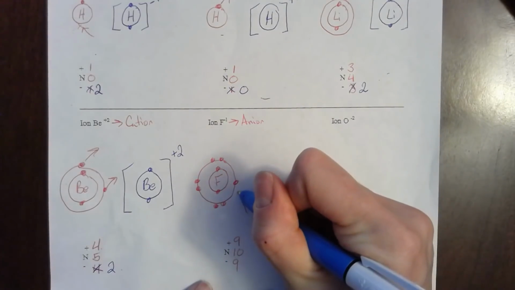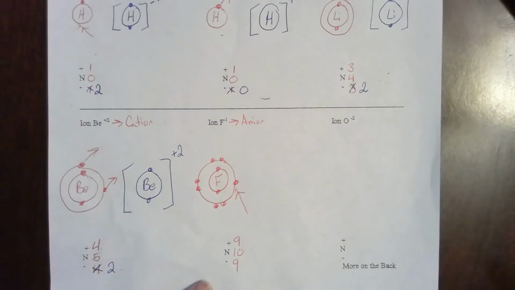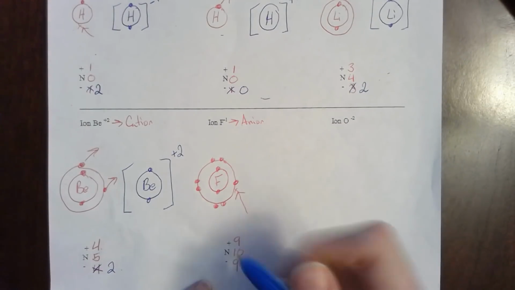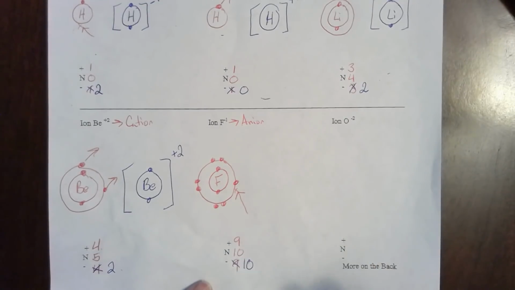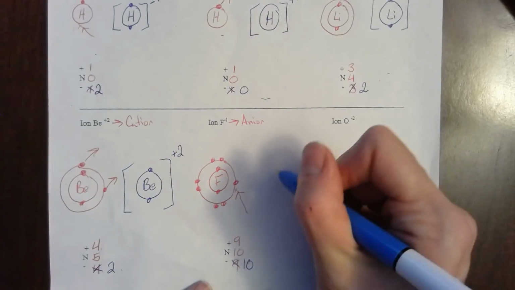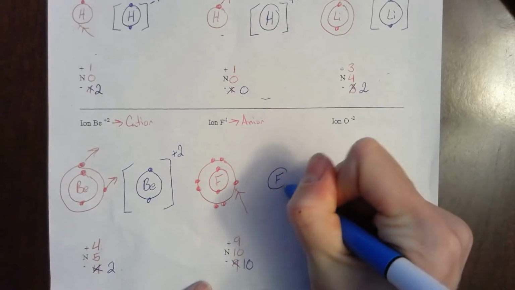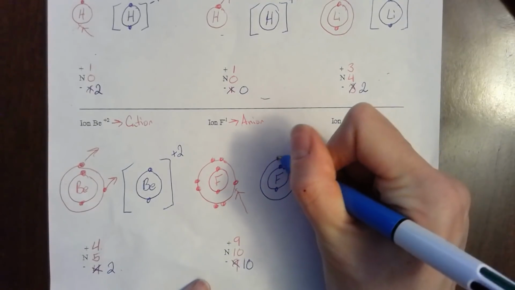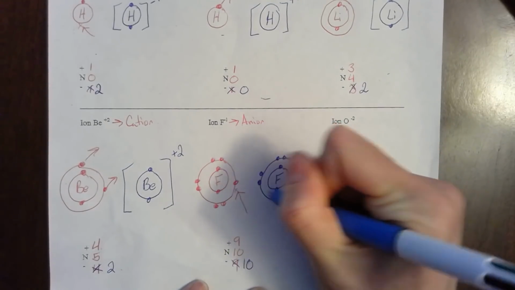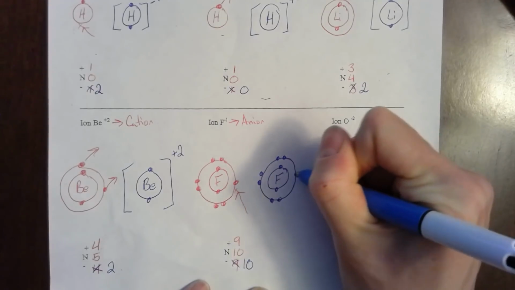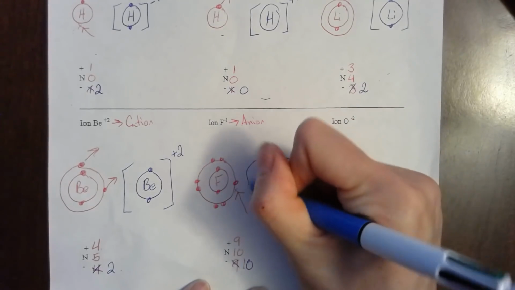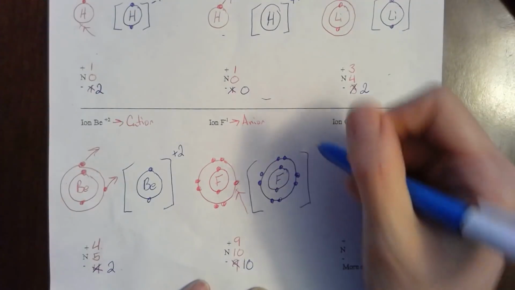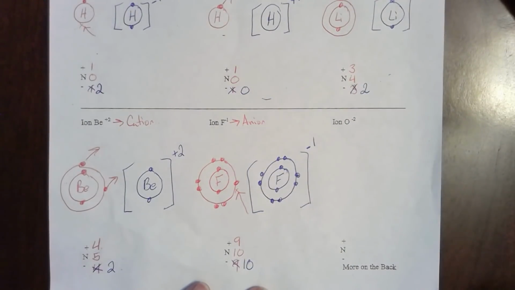It's going to gain an electron. When it gains an electron, the atom becomes more negative. You're gaining a negative subatomic particle. So our new atom of fluorine ends up looking like an atom of neon. It has a filled shell. It meets the octet rule. And because it gained a negative charge, it becomes a -1 oxidation number.